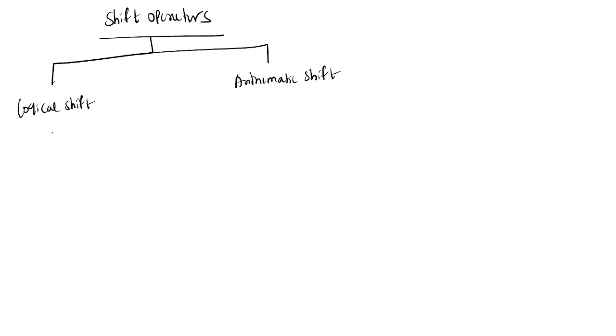The symbol for logical shift is either. Again these are divided into two types: logical left shift and logical right shift. And again there are two types: arithmetic left shift and arithmetic right shift. So what are the symbols? Left shift is this symbol, right shift is this symbol.